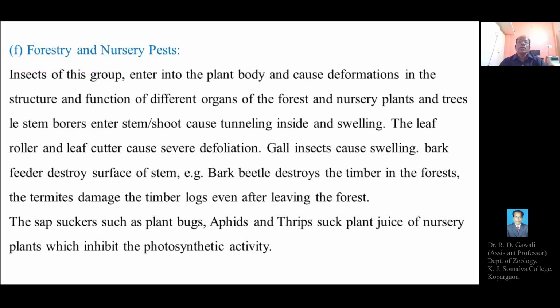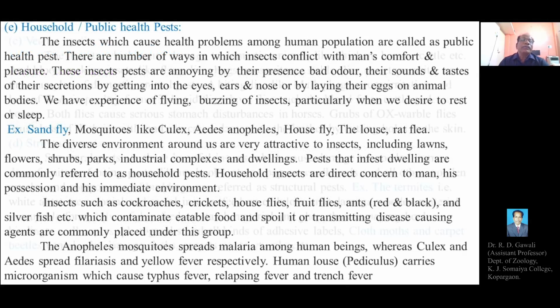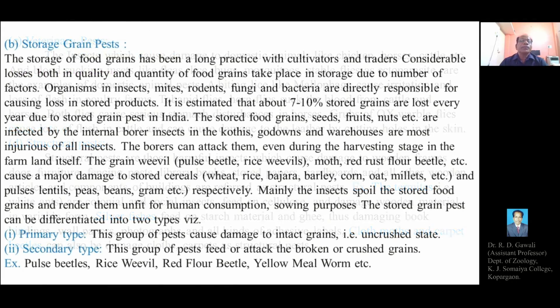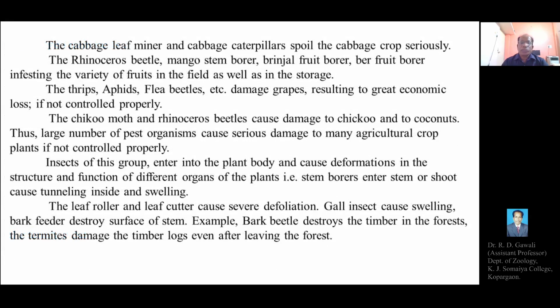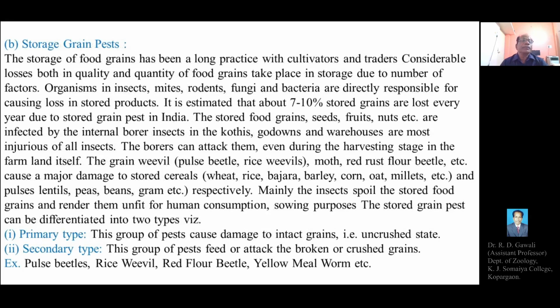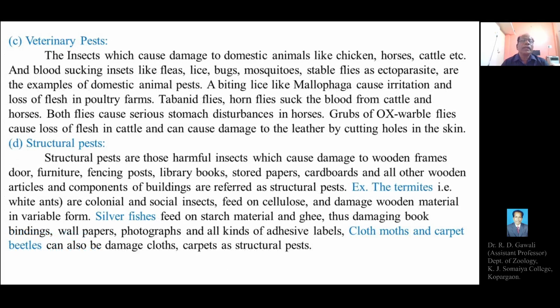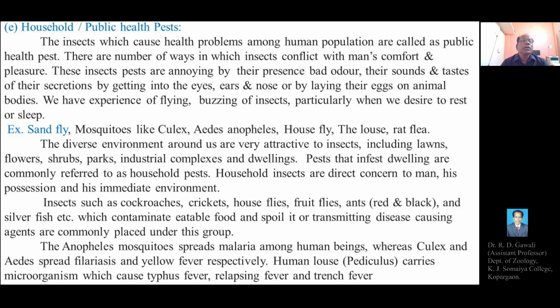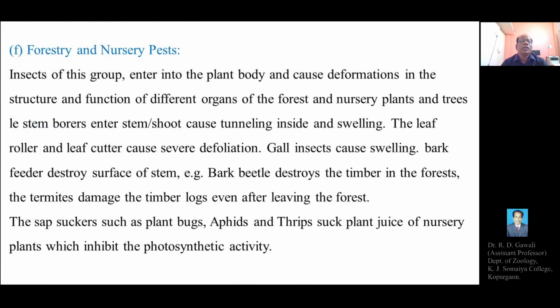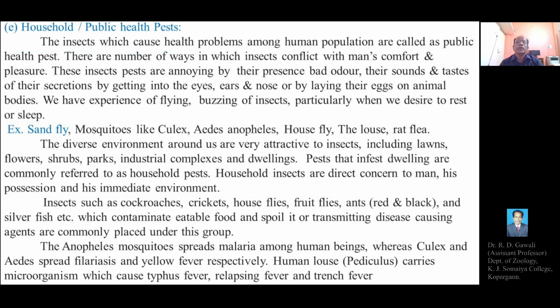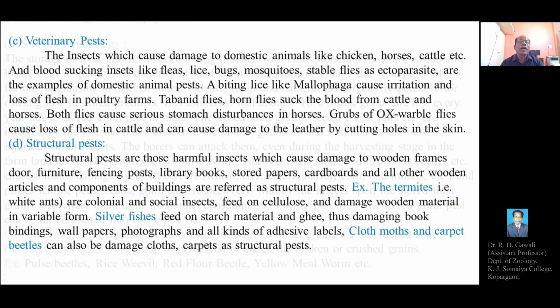These are the five different types of pest which are of great importance for mankind.